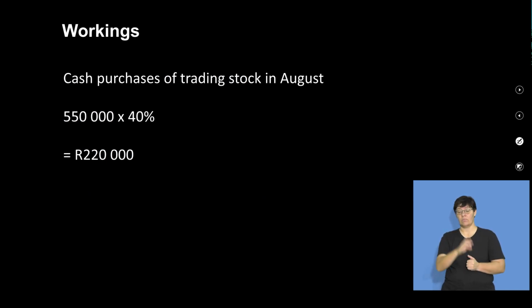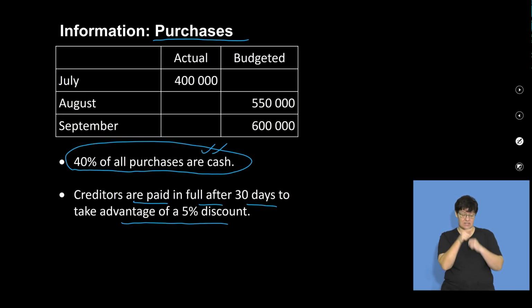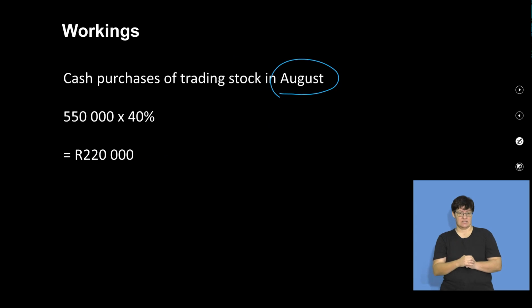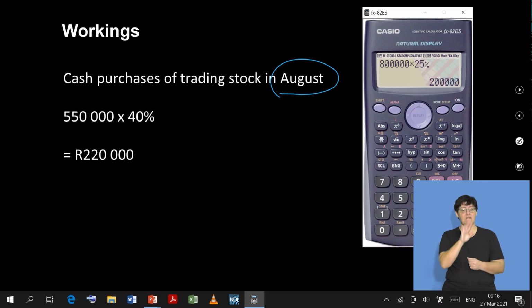Remember, we want cash purchases for August. So, the first thing that you do is you determine your August figure for purchases, which is 550,000. Very simple, 550,000 is your total purchases.